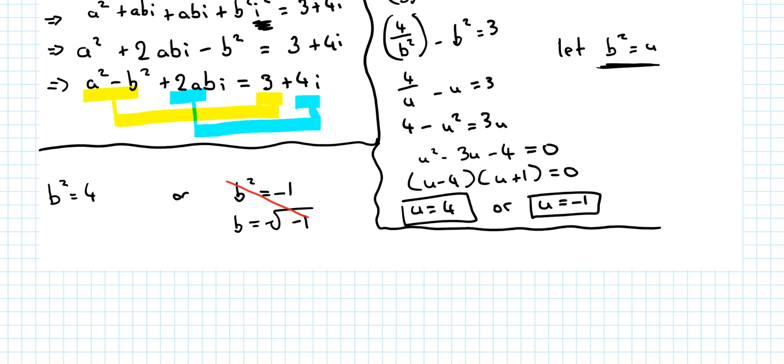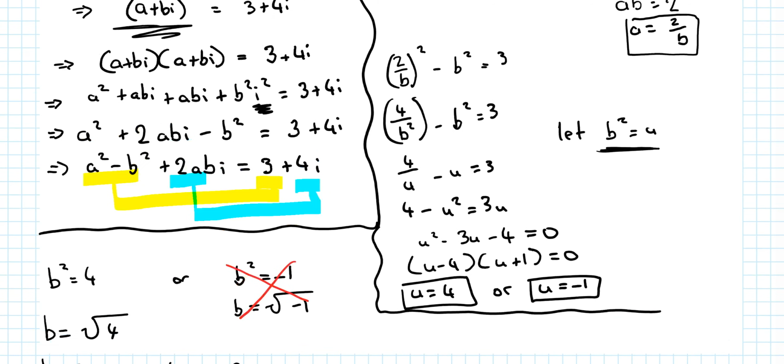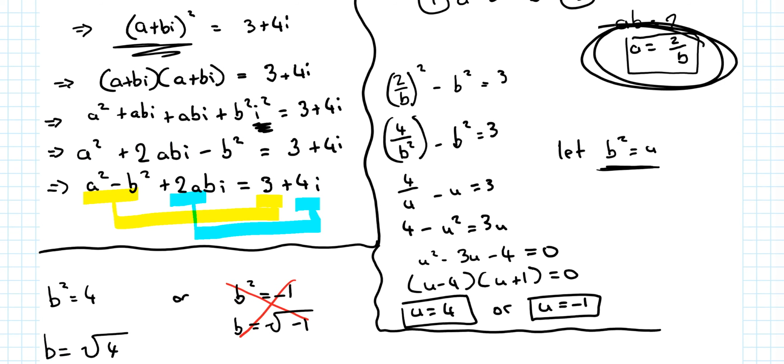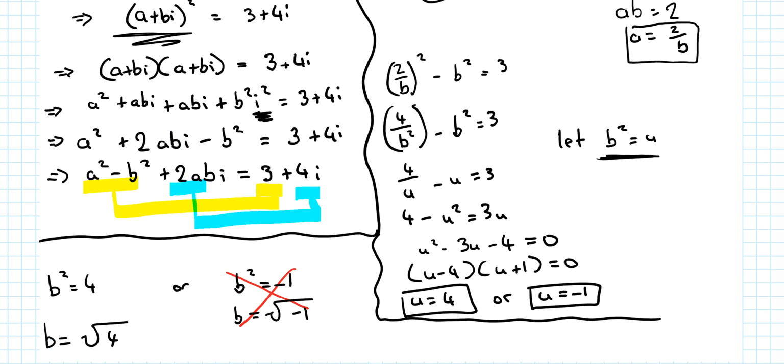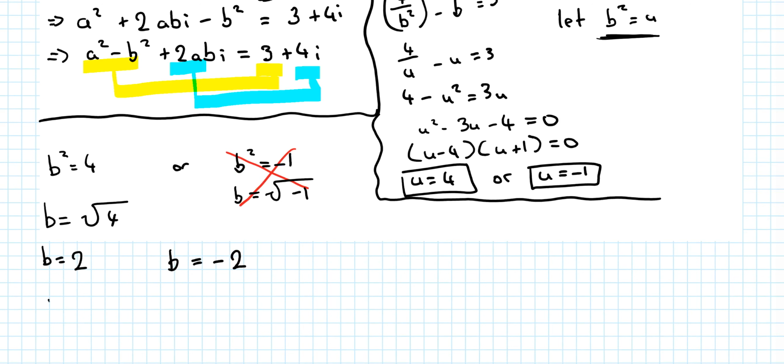So, ignore this. As I've said before, we have now introduced a square root. When you introduce a square root, you must take the two values. So it could be plus or minus 2. Okay, brilliant. I have b, but does that help me find a? Yes, it absolutely does help me find a. a is equal to 2 over b.